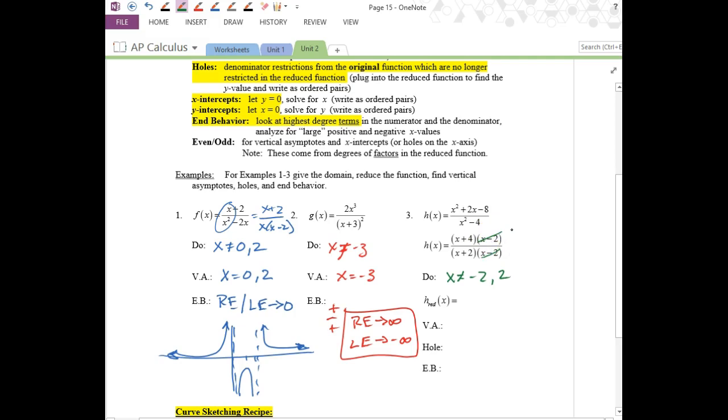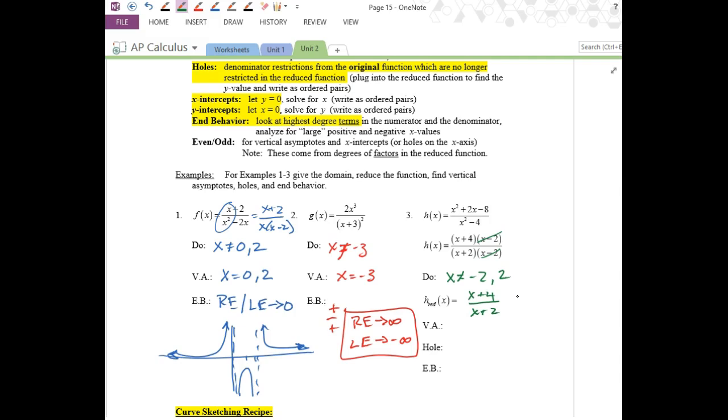So what they're asking us to do with that h of x is they're asking us to simplify the function. Okay, so if I simplify that, I would be left with x plus 4 over x plus 2. And the reason they want us to do that is because that helps us identify the difference between a vertical asymptote and a hole. So after I simplify, what's still left in the denominator?